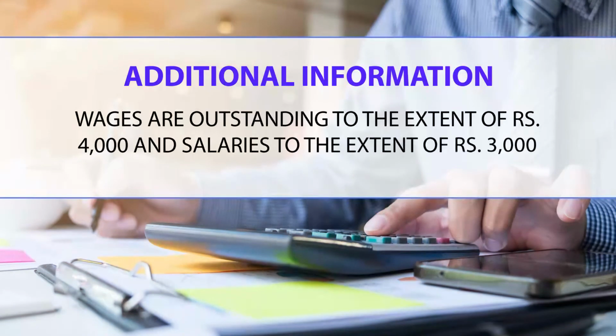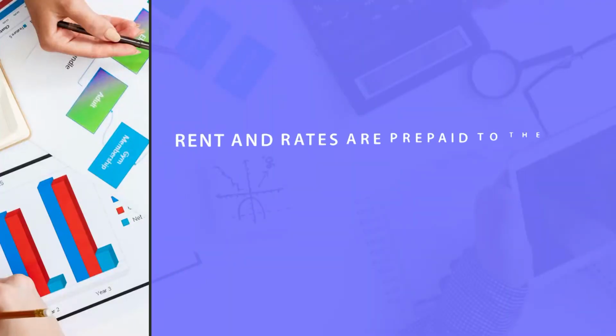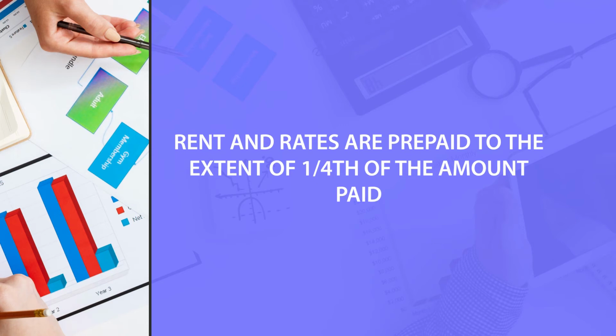The fourth one is wages outstanding to the extent of rupees 4,000, and salaries to the extent of rupees 3,000. So these are the outstanding expenses: wages 4,000, salaries 3,000. Then the next adjustment is rent and rates prepaid to the extent of 1/4 of the amount paid.